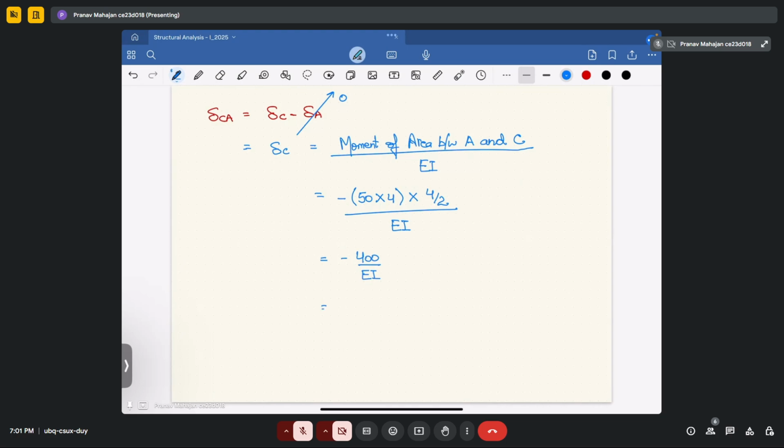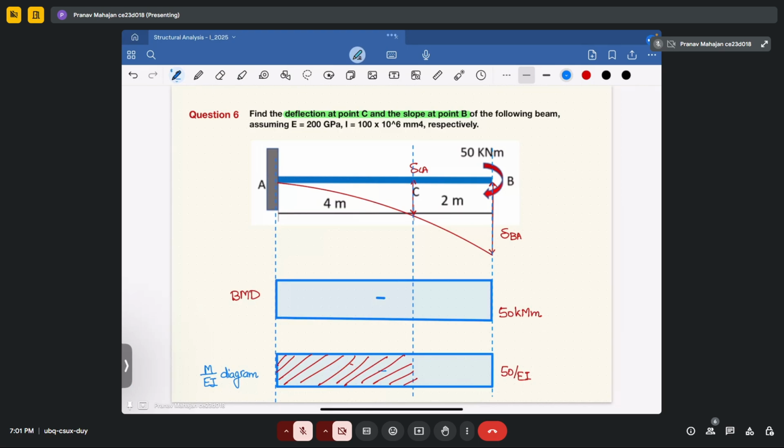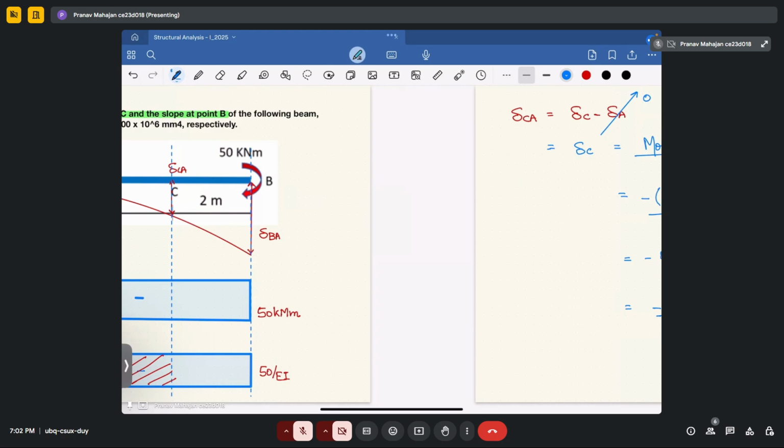Now substitute the value of EI as it is given to you in the question. That will be equal to 200 GPa, and 100 into 10 power 6 mm to the power of 4.